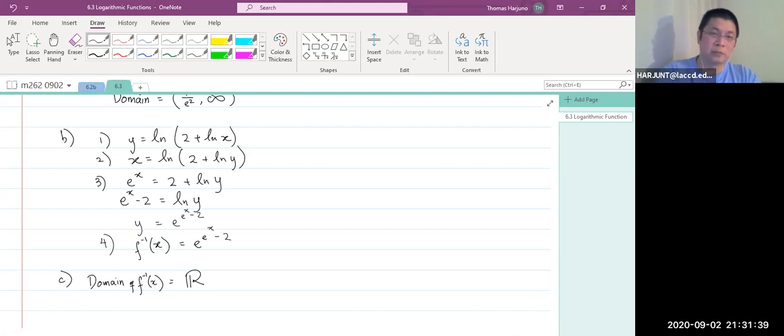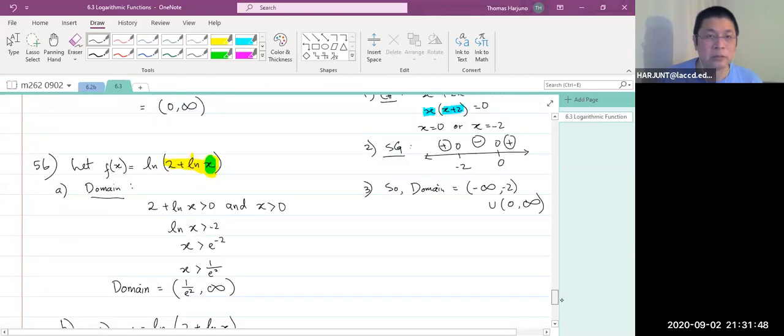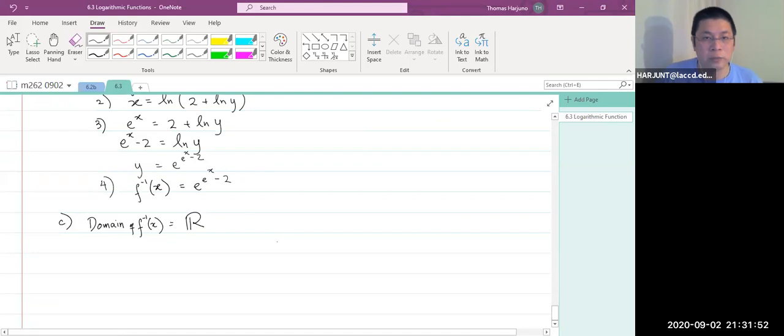Now, if you think about it, this is basically asking what's the range of the original function. It implies the range of the original function is actually all real numbers. That's how you actually show it.